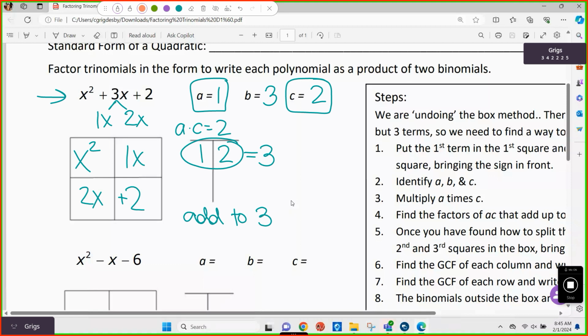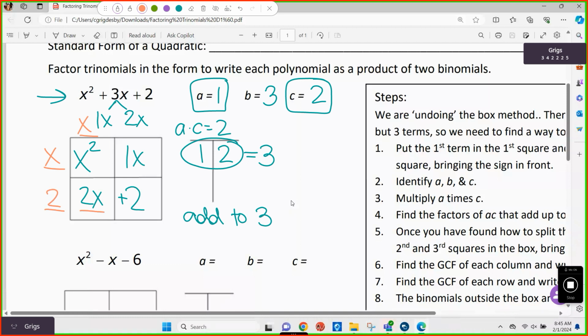All right. What two factors multiply to make x squared? So what times what equals x squared? x times x. Okay. x times what equals 2x? 2. So 2 times x gives me 2x.